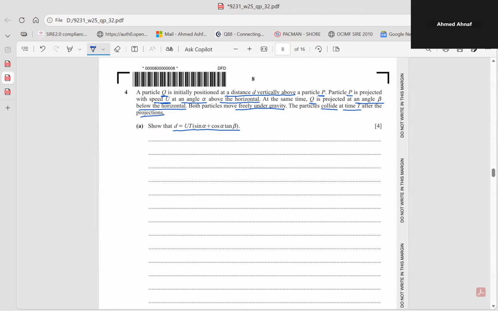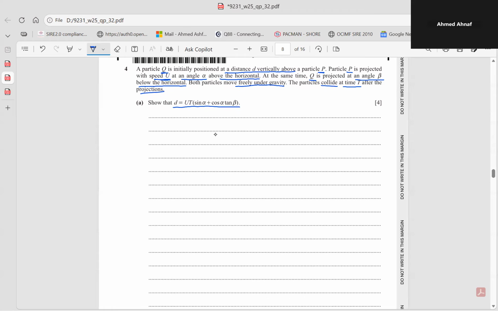First things first, I think it'll be useful to draw a diagram. We're told that, no sorry, Q is above P. So this is going to be Q, and this is going to be P. P is projected with speed u at an angle alpha above the horizontal. At the same time, Q is projected below the horizontal. So this is the horizontal.